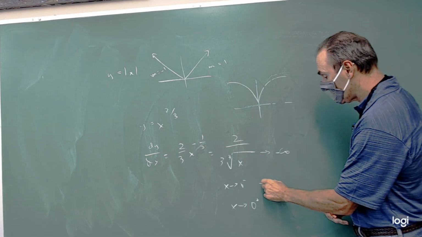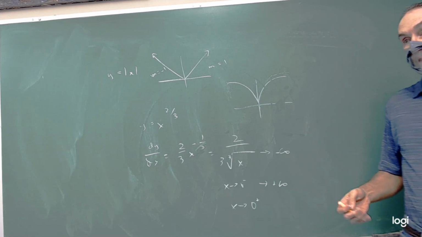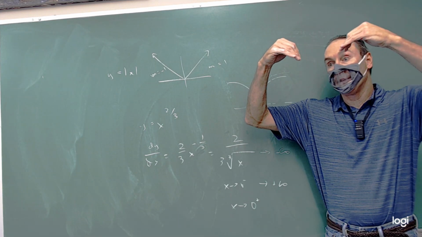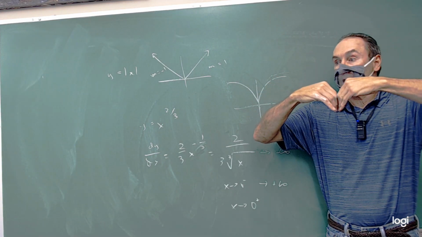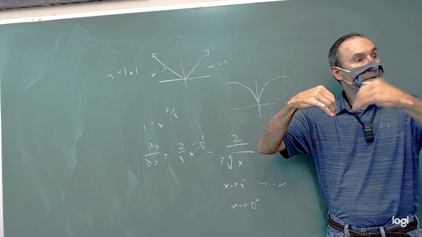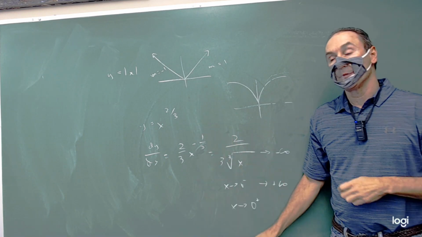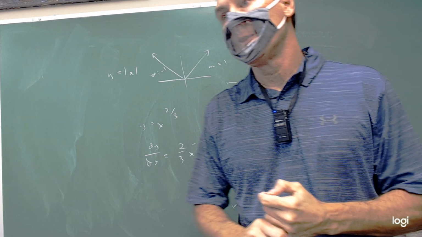That's going to go to positive infinity. And that's the characteristic of a cusp: as you come in from either side, the slopes of the tangent lines go to different infinities. Negative infinity on one side and positive infinity on the other. Whereas a corner point, they're going to be finite numbers on both sides.